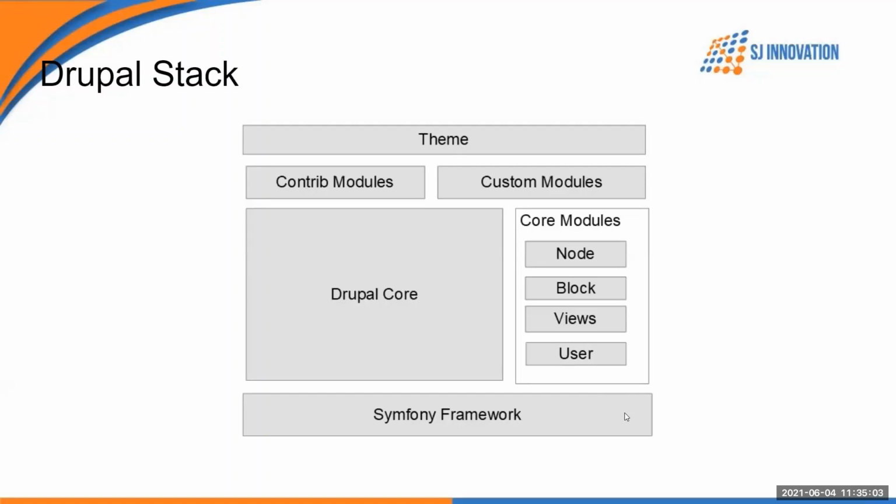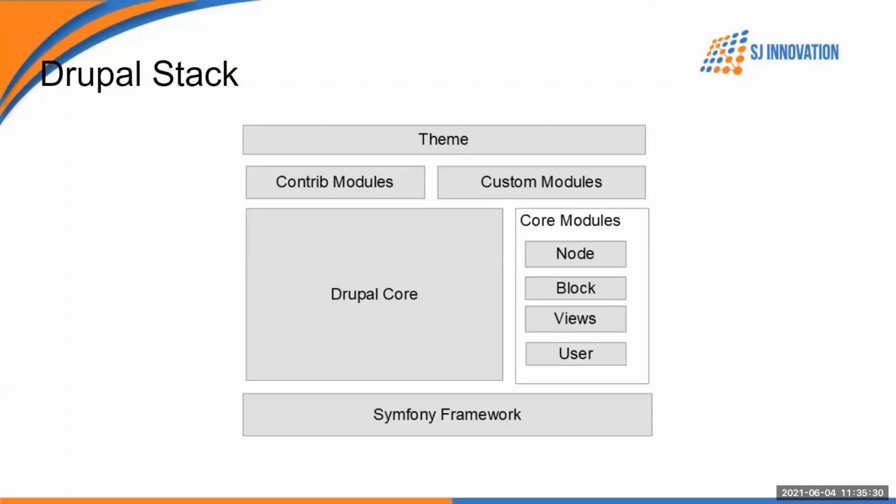In that Drupal core, we also have some modules which are called core modules. And I mentioned earlier that Drupal enforces core to be put in modules so that these modules can be reused. Okay, so some of the core modules are mentioned over here, like node, block, views, user for user management, and we'll discuss some of these terms later on in the presentation.